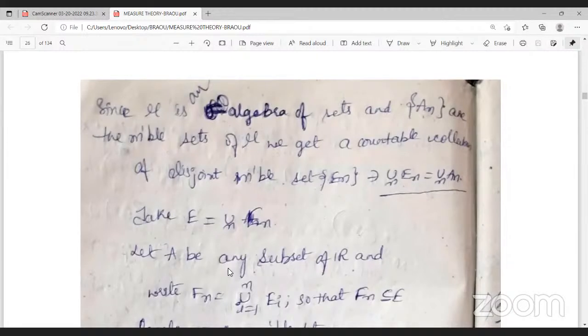And by monotonicity, observe here, this is a decreasing sequence. What is the meaning of decreasing? Observe here, En plus 1 is a subset of En, which is a subset of E1, and so on.